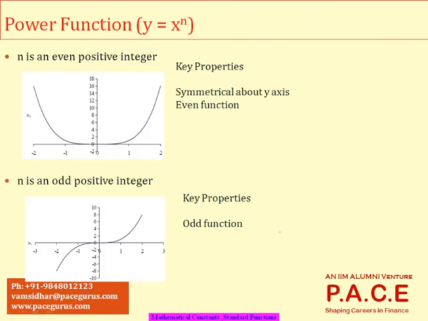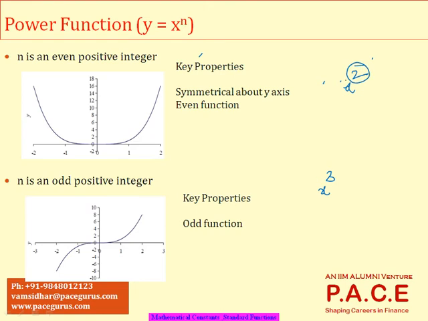We will talk about the power function y equal to x to the power of n, like x squared and x cubed. So we have two different kinds of shapes, especially one when n is even.